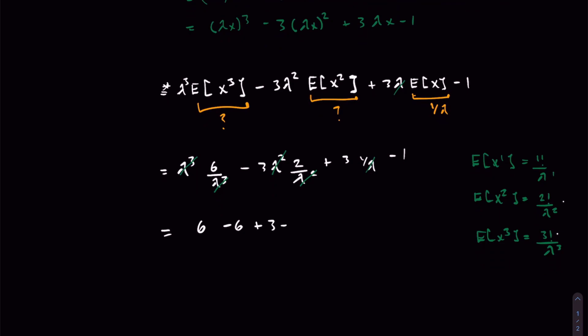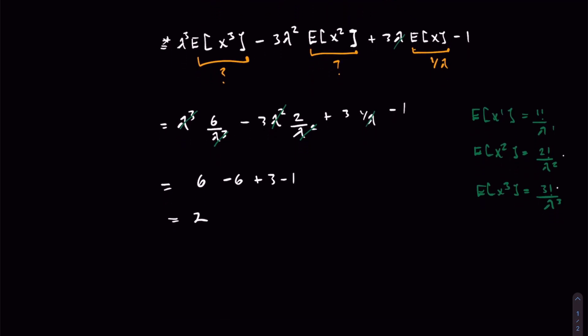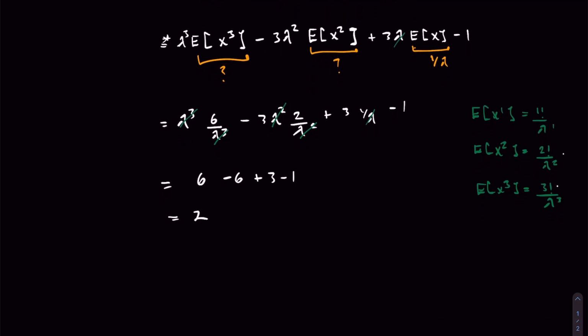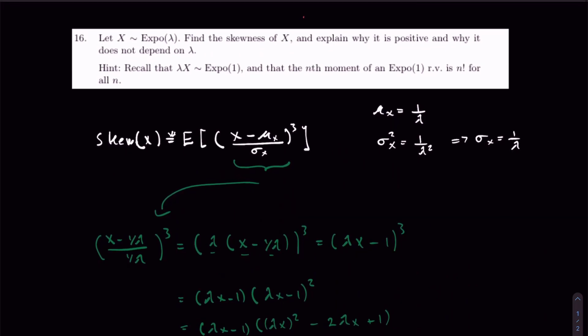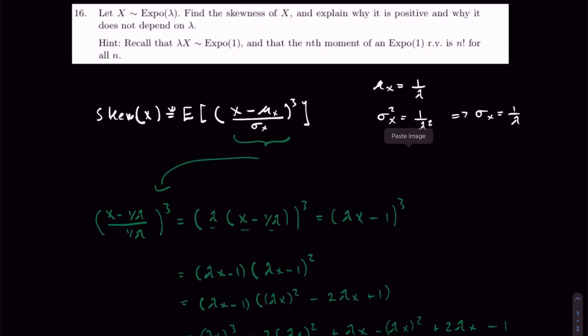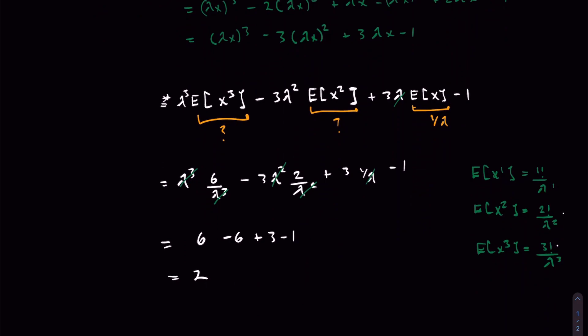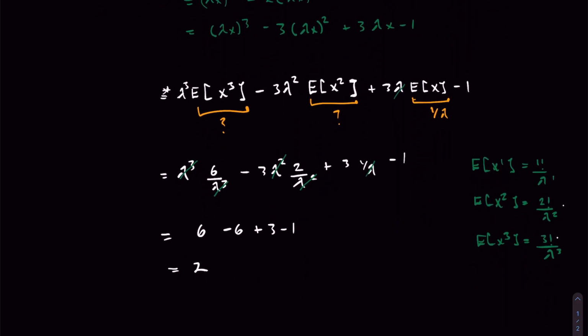Plus 3 minus 1, and this whole thing adds to 2, which is the skewness of X. We also notice that this result doesn't rely on lambda because it cancels out all the way. So that is also what we were supposed to show. And this value is always positive because we are adding terms here that are in fact always positive.